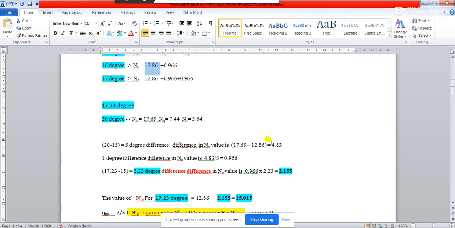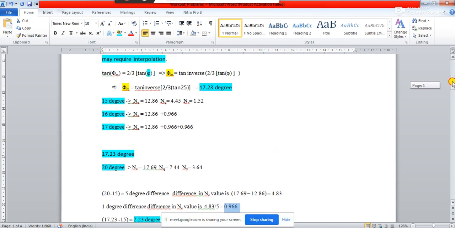That's what we have done. So for a 5 degree difference in internal angle of friction, the difference in the value of Nc is 4.83. For 1 degree difference, what is the value difference? 4.83 divided by 5. So for 1 degree there is a difference of 0.966. And what value exactly will we have to find out?